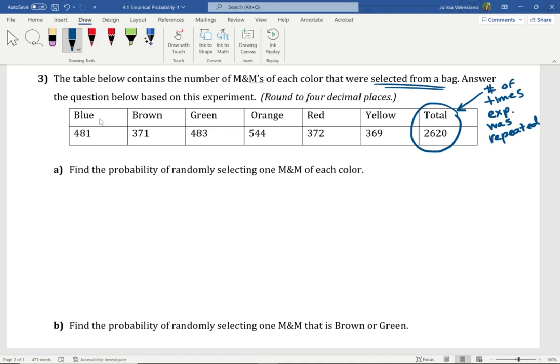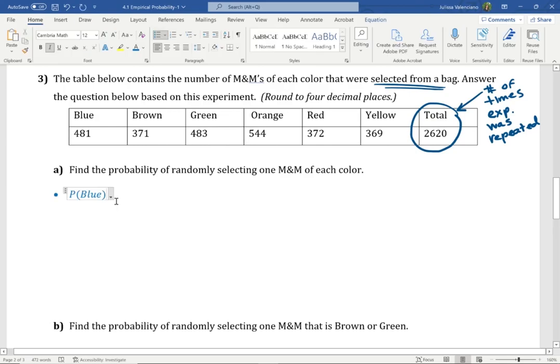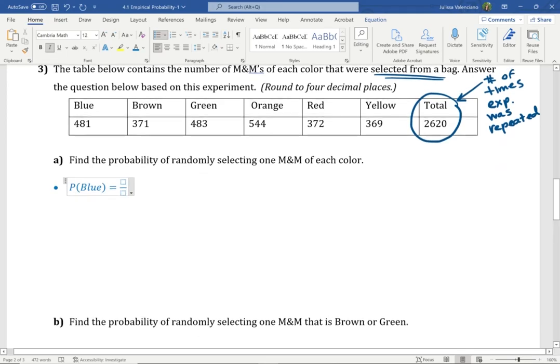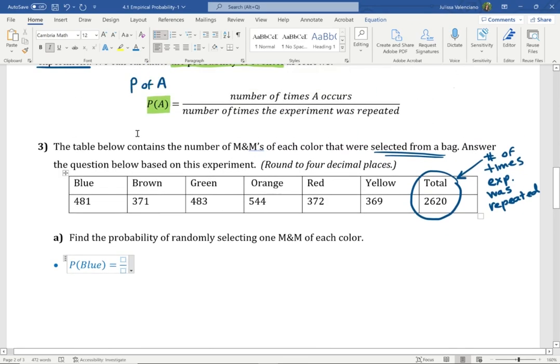Let's start with the probability of selecting a blue M&M. Instead of writing the probability of selecting a blue M&M, I'm just going to write P of blue. We know that this stands for the probability of selecting a blue M&M. Okay? The probability of selecting a blue M&M is going to be, let's look back to the statement we have here above. It's going to be the number of times blue can occur.